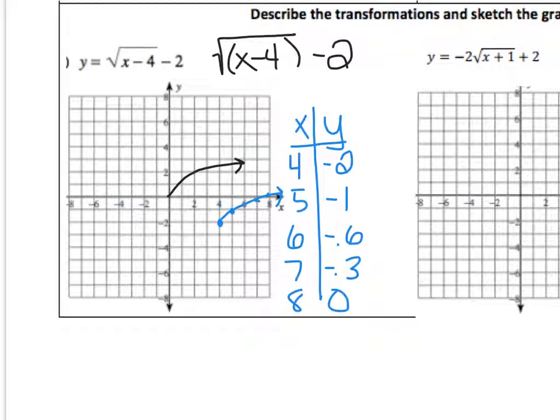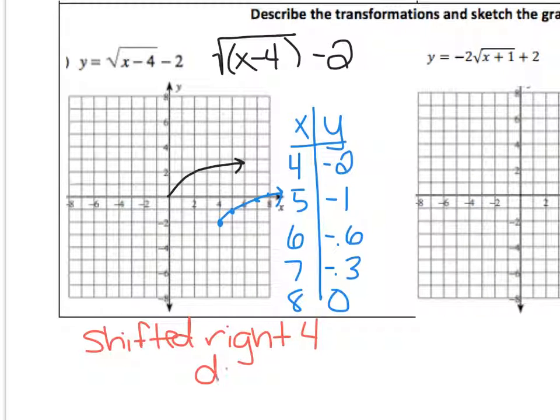You should see that we go to the right, 1, 2, 3, 4, and we go down 2. So it shifted right 4, and it shifted down 2.